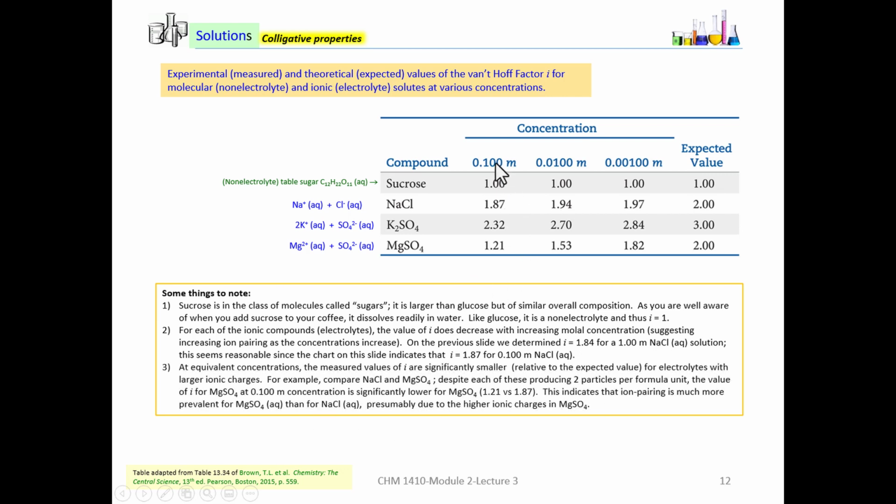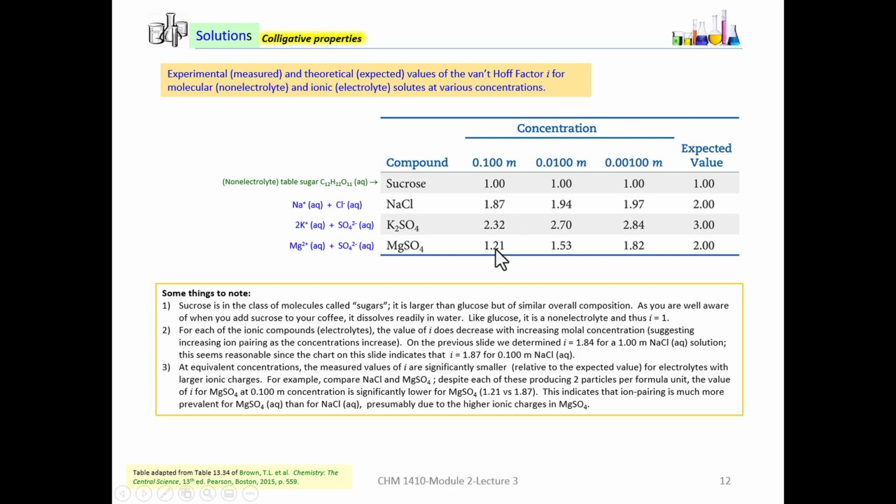Now here's something interesting. If you compare equivalent concentrations of sodium chloride and magnesium sulfate, say both 0.1 molal solutions, they both have expected values of i of 2 because they break up into 2 ions.